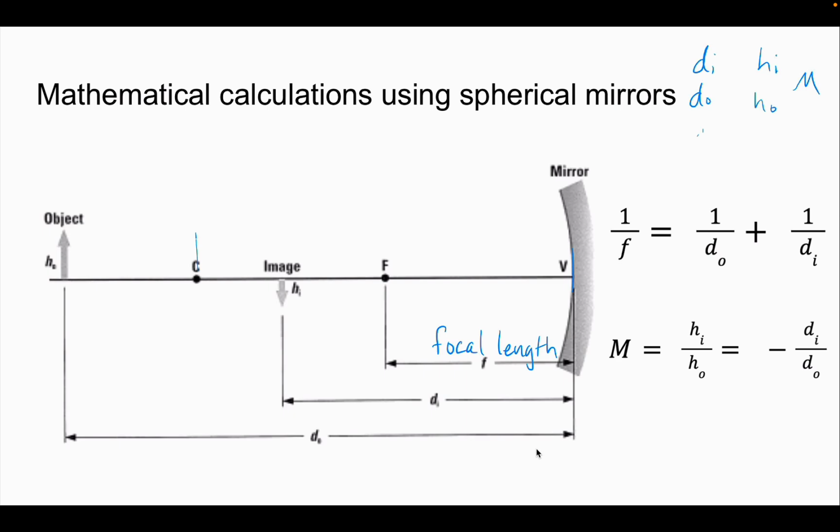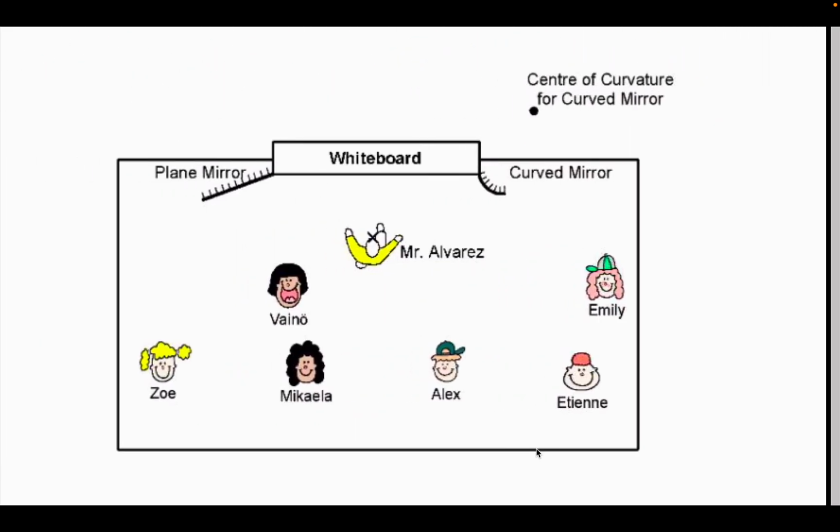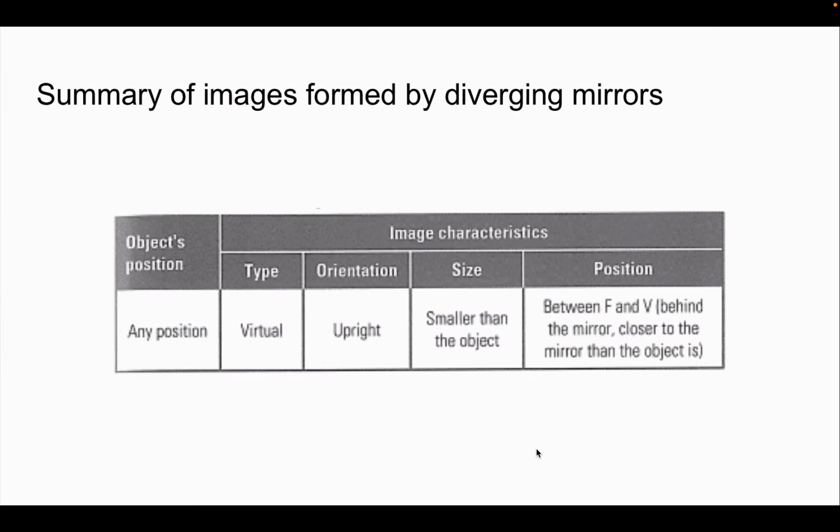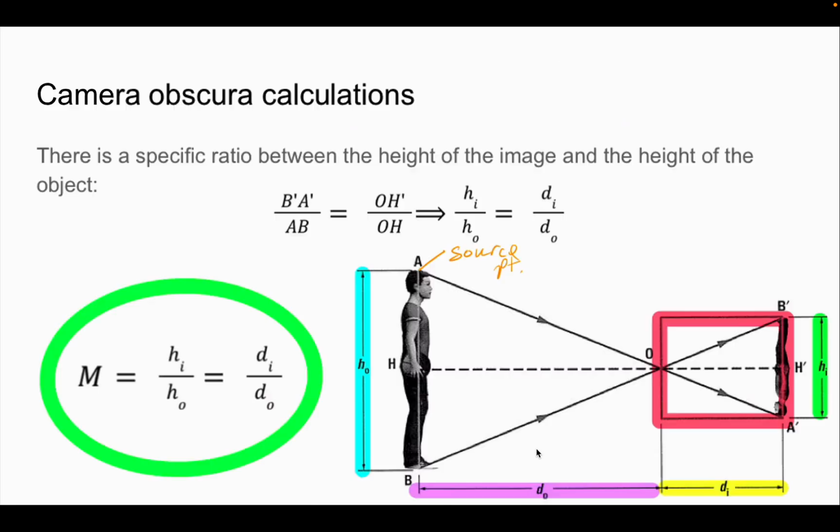Okay, this equation, first of all, you've seen before. We saw it using the camera obscura, right? So if we go to the pinhole camera, you've seen this equation before. Have a look at the equation in green.